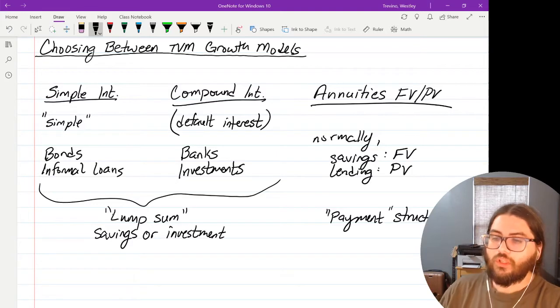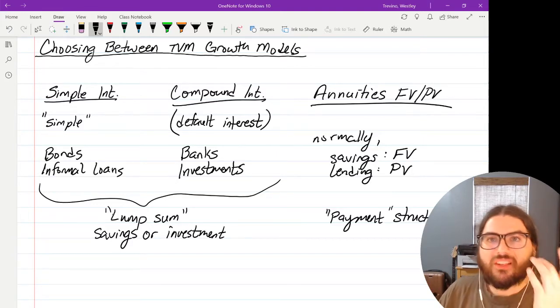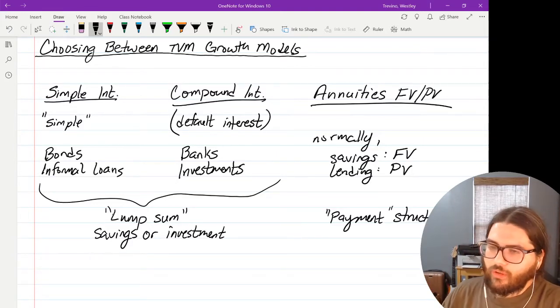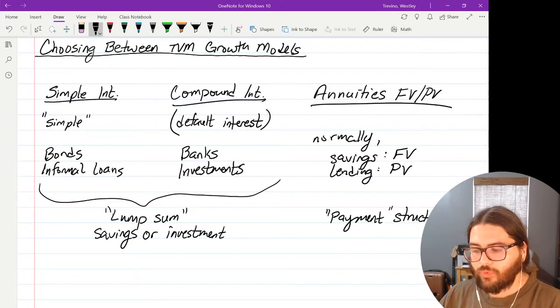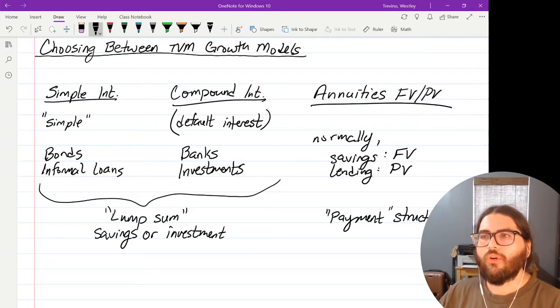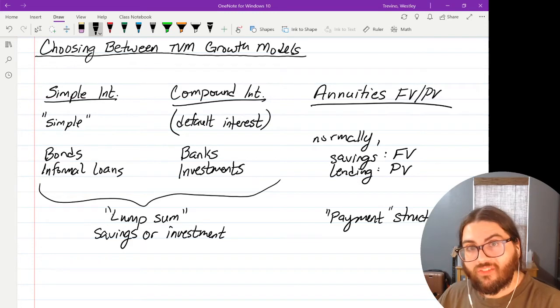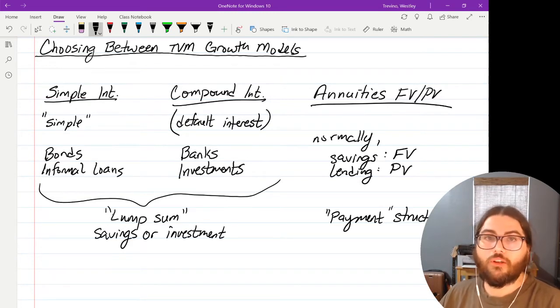Be careful. We can see them mixed together. I believe we saw a retirement savings problem, which actually had both of them mixed together. It had a savings component, which was future value, and it had a lending component, although it was weird because we were lending the money to ourselves. We saved up that nest egg over the course of 30 years when we were working, and then we paid ourselves out over time.